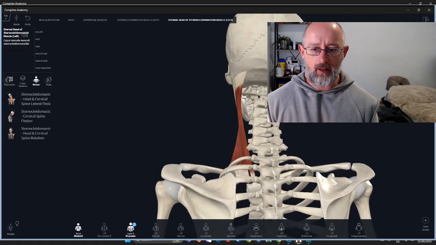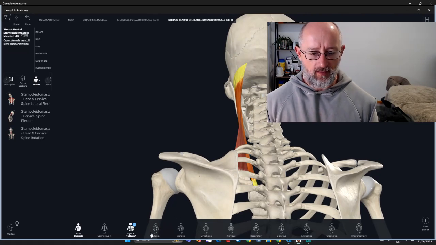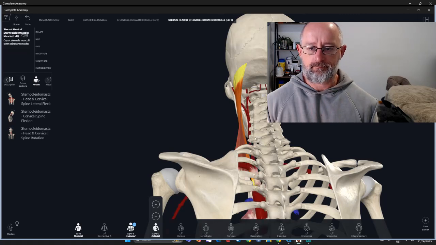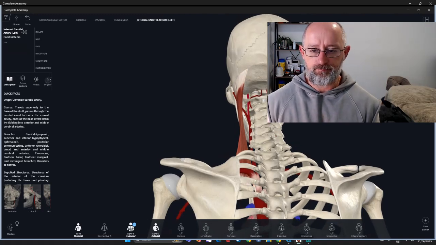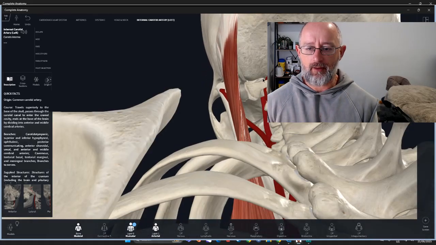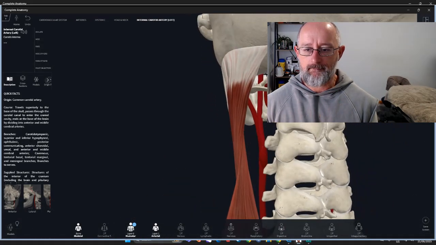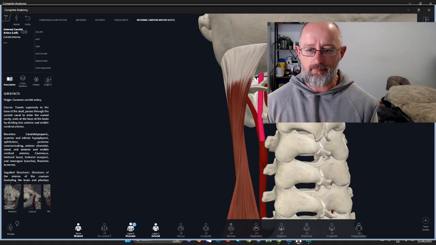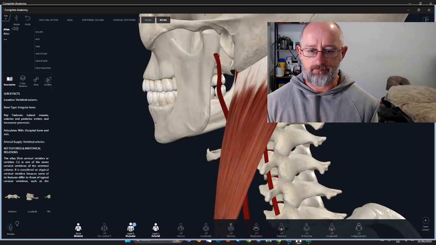You have the main artery coming out of the head. So if we put the arteries on. Okay, so you have a couple of these big arteries, particularly through here. So the internal carotid artery goes just in front of the cervical vertebrae there.